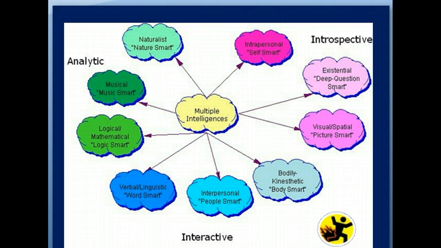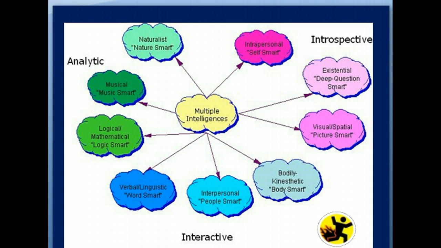If we look at the 1 o'clock position, we have what we would call intrapersonal. Intrapersonal is self-smart. It's people who have a strength in being able to understand themselves, understand their emotions, understand how they act. They're reflective people.